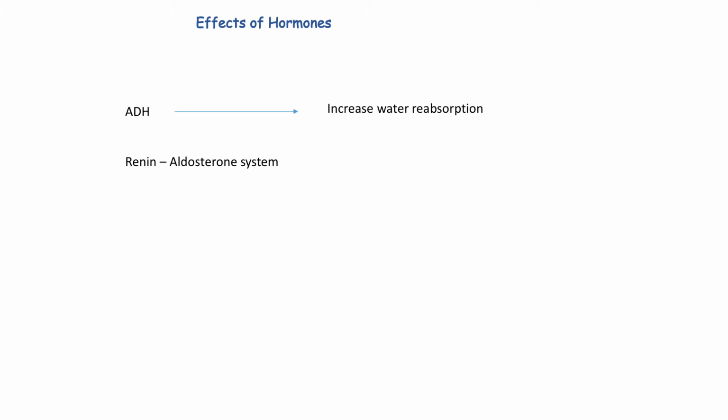Renin also results in secretion of aldosterone, and aldosterone results in increased water reabsorption and increased sodium reabsorption from kidney. Other effect of aldosterone is increased potassium excretion. So increased water and sodium reabsorption help to keep intravascular volume.